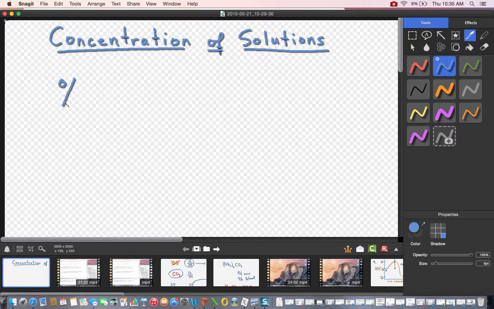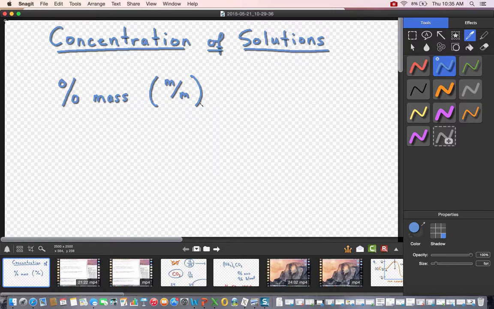Percent mass. So this is commonly called M/M. So we'll have masses of both the solute and of the solution. We could do a mass volume, or we do the mass of the solute and the volume of the solution.